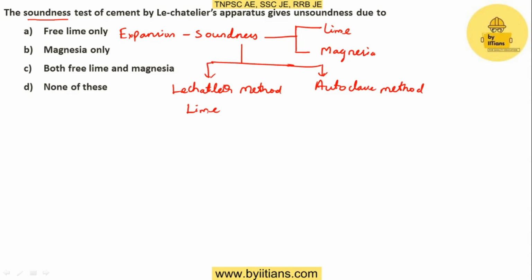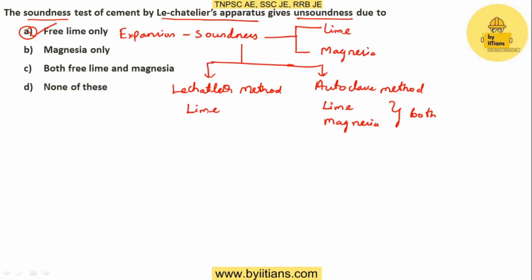Whereas in the autoclave method, we are able to find the expansion, meaning the soundness, either by lime or magnesia or by both. Here in this question they asked about Lee-Chatelier's apparatus, which causes the unsoundness. Okay, so option A is the right answer for this question.